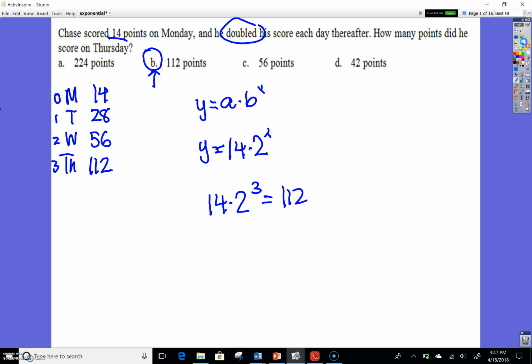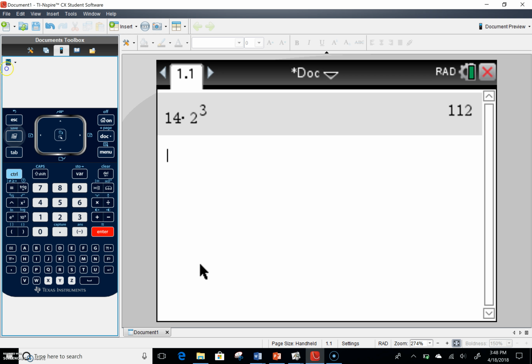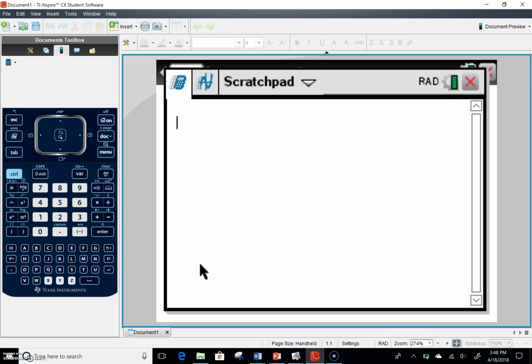Number 2. Match the function rule with the graph of the function. First thing that we need to look at is we can graph it. So I'm going to go with tab. I'm going to go to my graph.